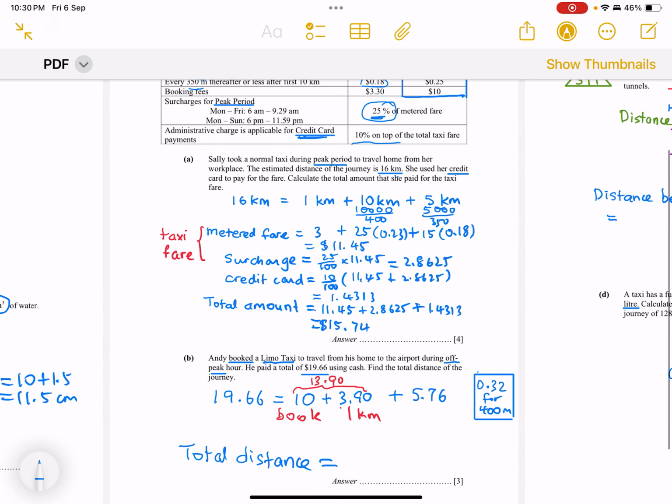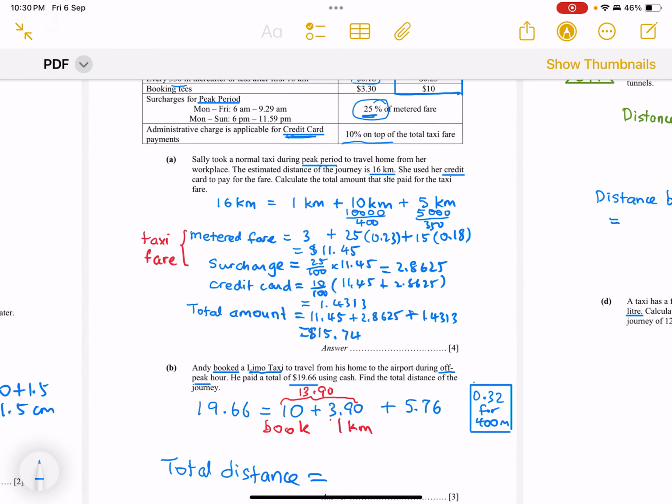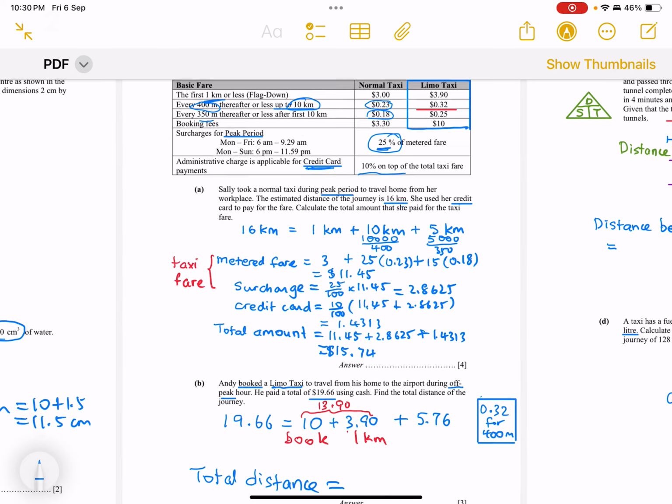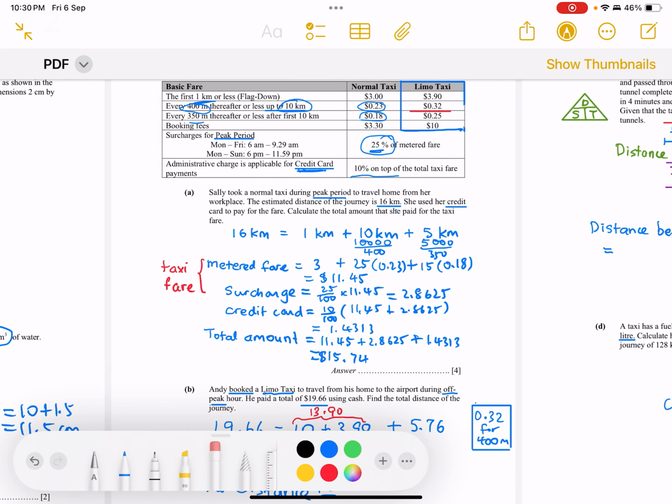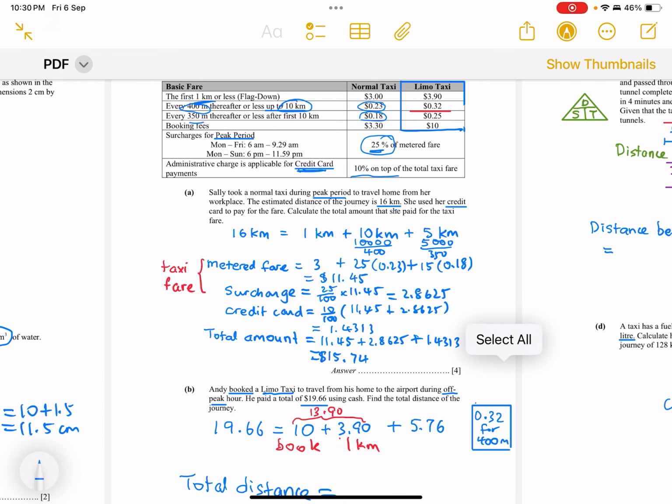Now we have another person, Andy. So again, we need to underline all the important parts. This one now is a limo taxi. So the limo taxi has a different table. For the limo, the first km is 390.